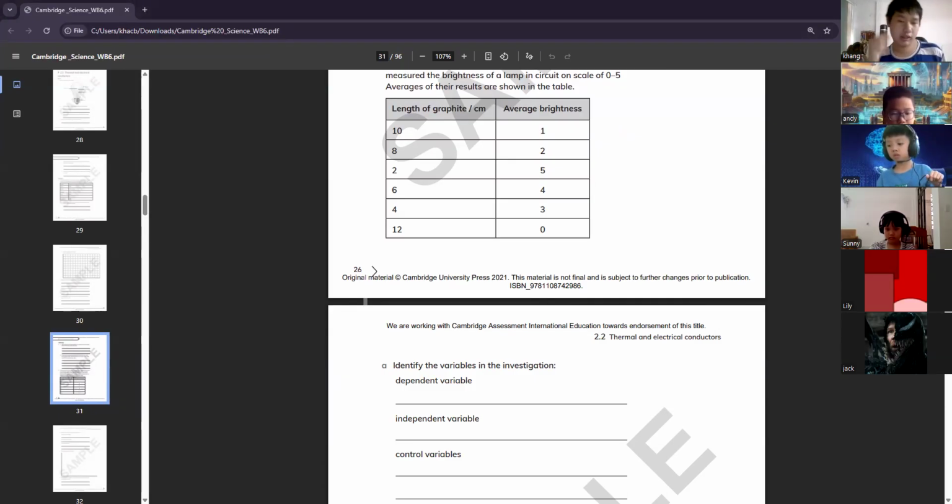The dependent variable is what you're trying to look for, or what I could say is the variable that is dependent on the independent variable. So what is a dependent variable?